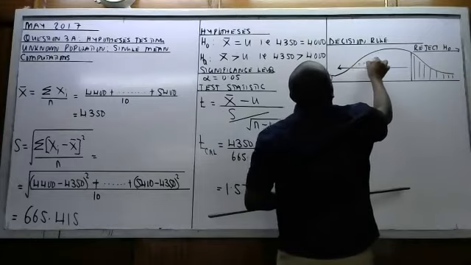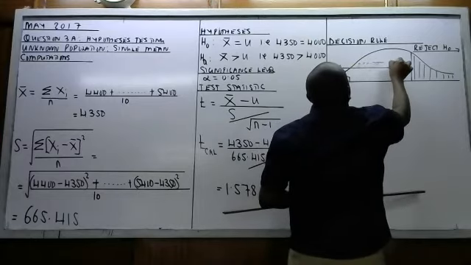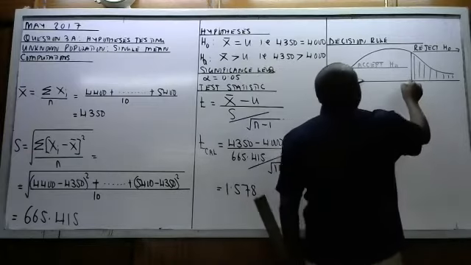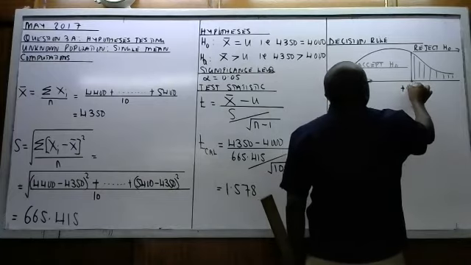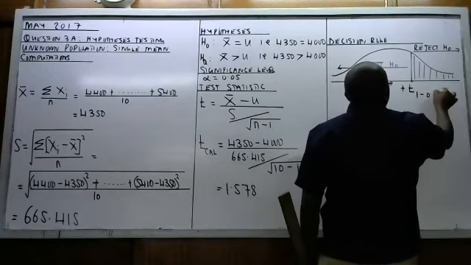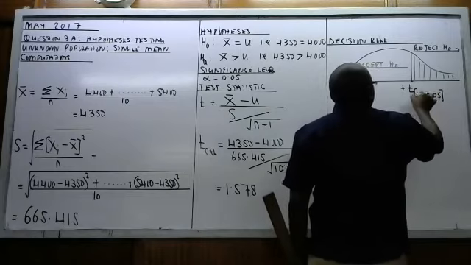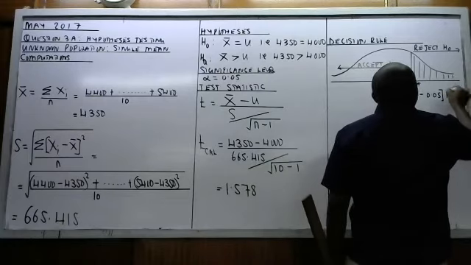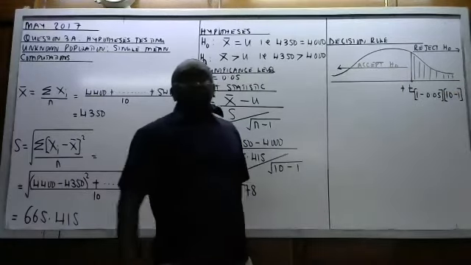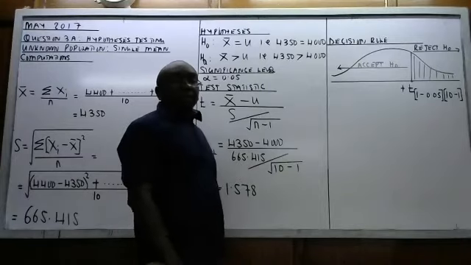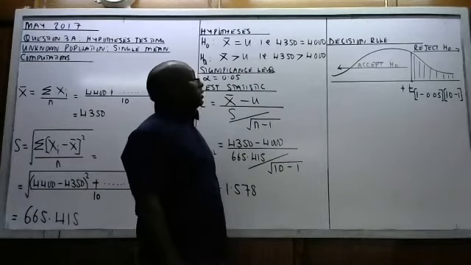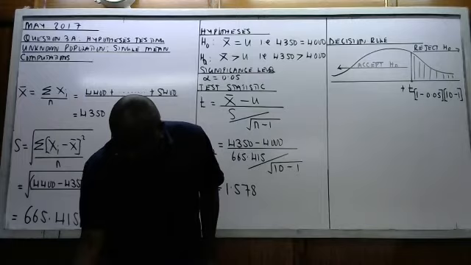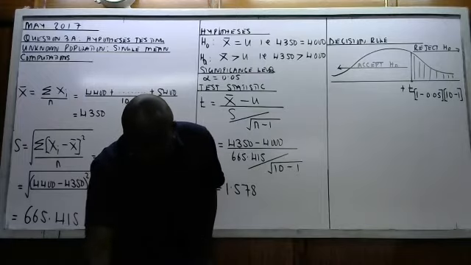And here we will say accept null hypothesis. And then this will be positive t at 1 minus 0.05. And the degrees of freedom will be 10 minus 1. So go to the tables and give me that value.